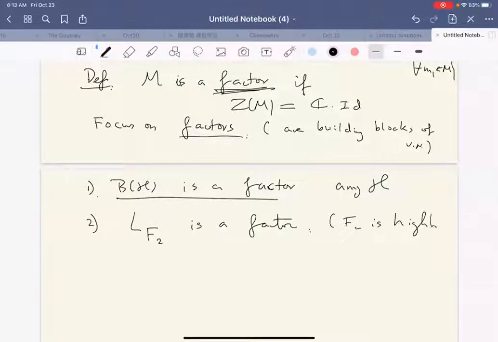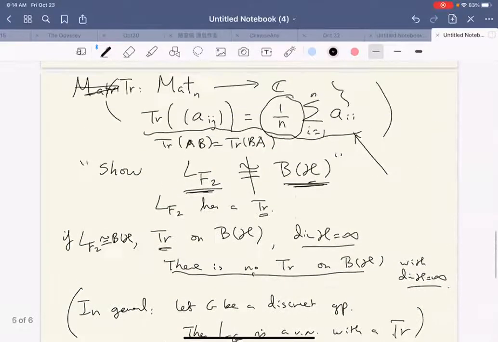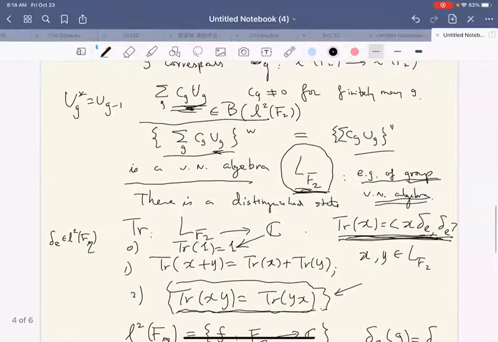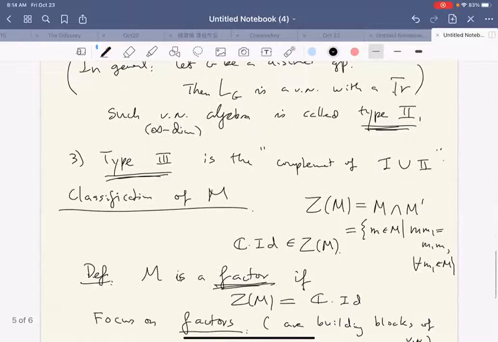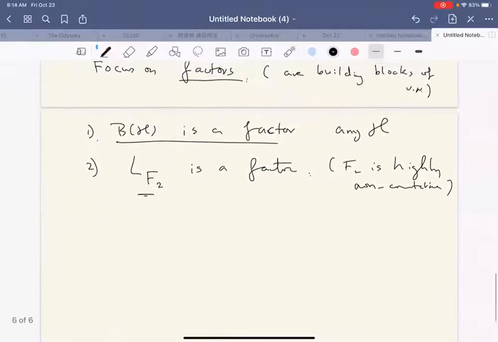It's a free group, so there are no relations whatsoever. So even though this von Neumann algebra is much bigger, because it consists of all the linear combinations of these elements, it's not too hard to show that it's still a factor.